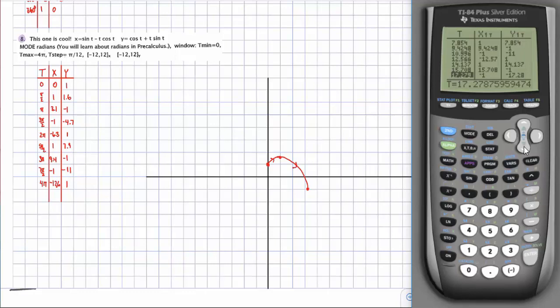So next up is negative 1, negative 4.7. Negative 6.31. One, 7.9. Then 9.4, negative 1.